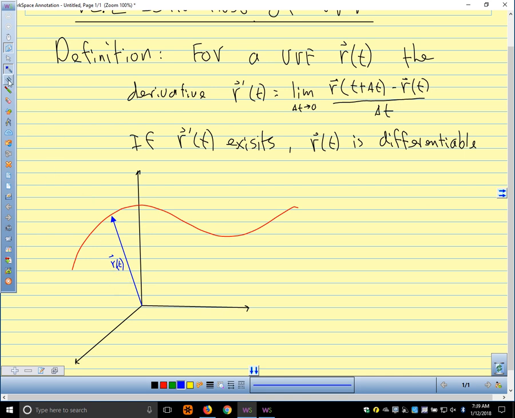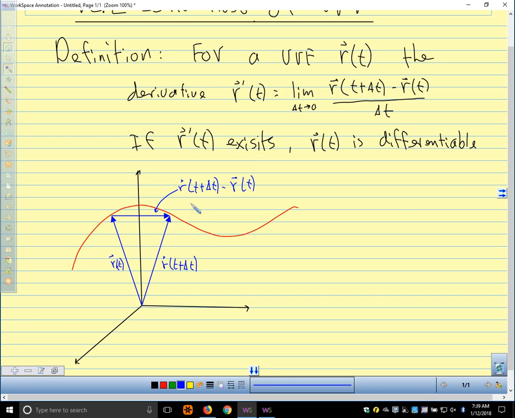And then we're going to do a vector r of t after a little bit of time, r of t plus delta t. And then the difference between those is this vector that goes between, like so. So that vector is r of t plus delta t minus r of t.